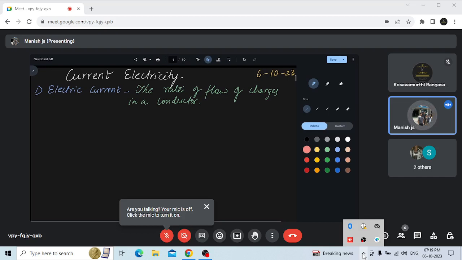I hope that's clear. So what are the charges that are flowing? Which charges are responsible for the flow of current in a conductor? There are different types of charges, and you have been learning that for quite long. So what is the nature of the charges that flow in a conductor, which is responsible for electric current?